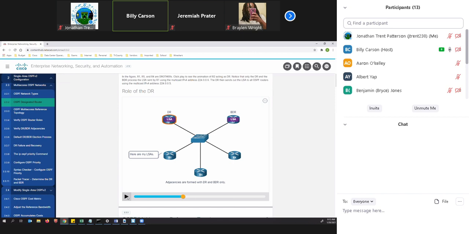Now, once it gets here, watch what happens, because the DR, the designated router, is in charge. So watch what he does. He's going to turn around, and where do you think he might send it? The information back out to these other routers. He's going to send it to all of them because he's in charge. So here he goes. He sends it out to all of them.